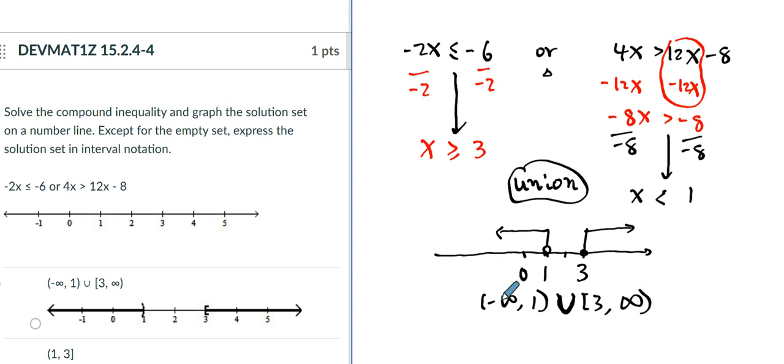Again, when you see the infinity, you want to use round. 3 is included, square bracket. 1 is not. So in this case, the first one will be our choice.